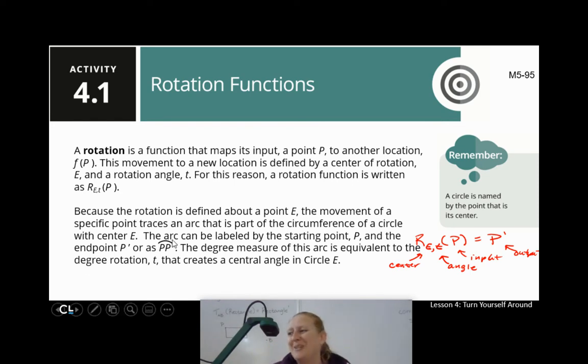It's so cute. The degree measure of this arc is equivalent to the degree rotation, in this case T, that creates that central angle. So that's our whole idea: we've got our center, we've got an angle, and our point is just following the arc on that circle around that point.